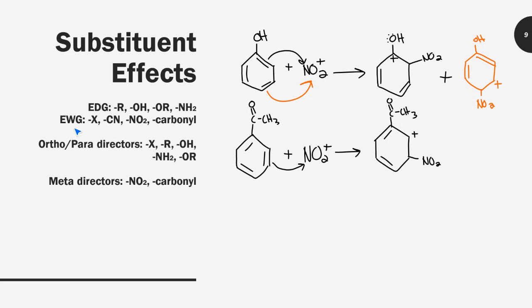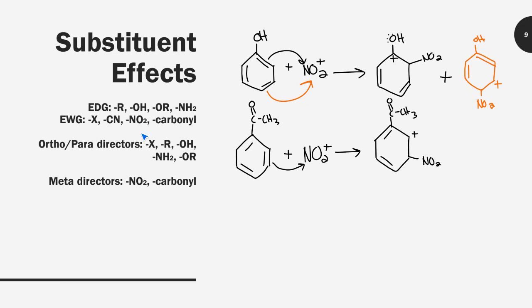Okay. So this is just a few of them. This isn't all your examples, but a few examples of EDGs are alkyl groups, OH groups, OR groups, NH2. Electron withdrawing groups are like a carbonyl group, nitro group, cyanide, halogens.